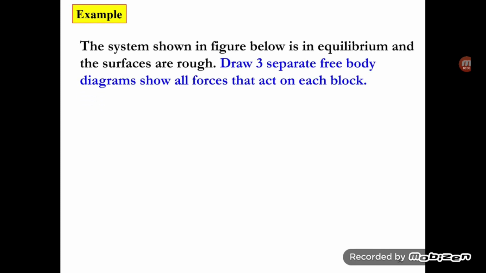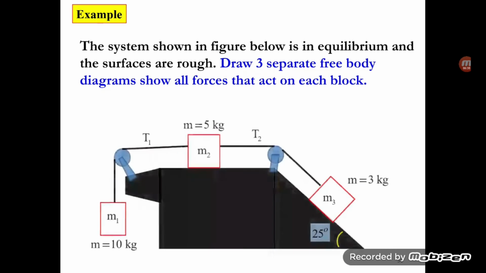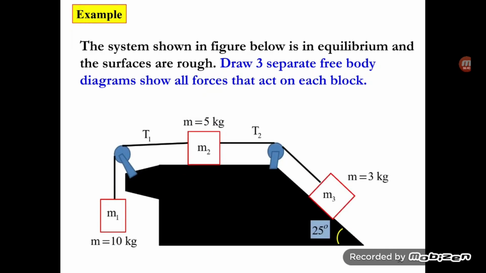Look at the example. We have a system in the figure below that is in equilibrium and the surfaces are rough. Draw three separate free body diagrams. Show all the forces that act on each block.